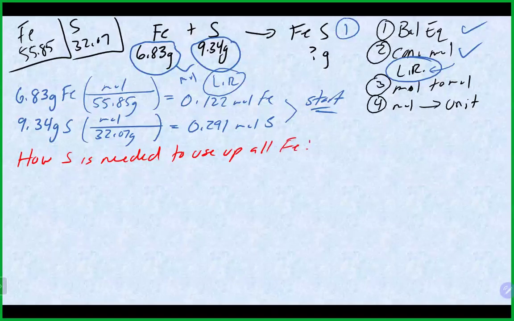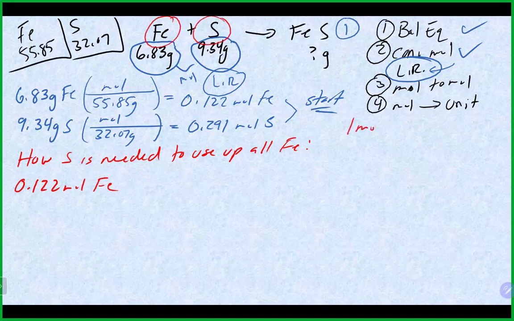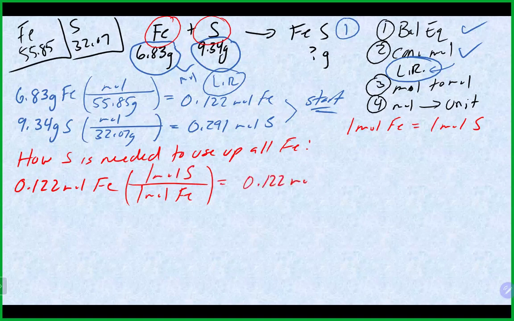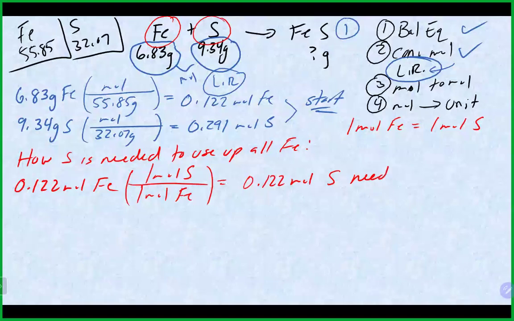Starting with my moles of iron, 0.122 moles, the relationship between iron and sulfur is a 1-to-1 relationship. So 1 mole of iron gives us 1 mole of sulfur. That means I would need 0.122 moles of sulfur.